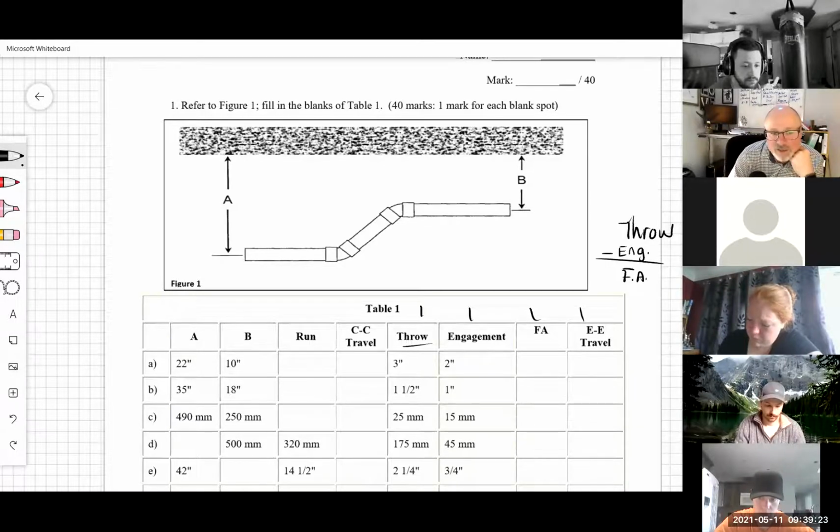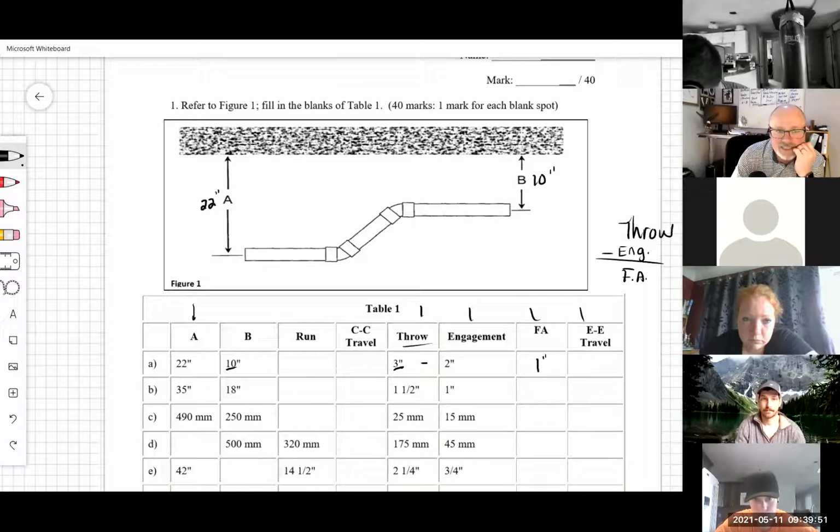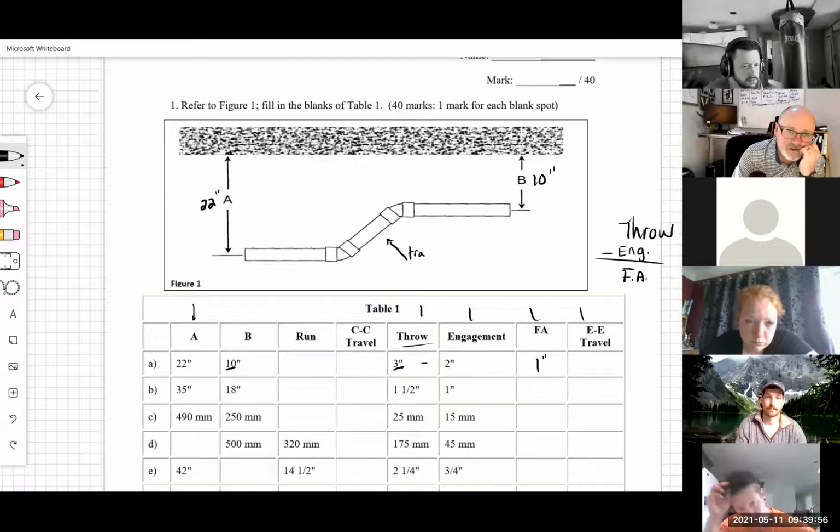So if the throw minus the engagement is the fitting allowance, then the fitting allowance for this is 1 inch. Okay, does everybody see that? Fitting allowance is 1 inch per fitting. Now, A is right here. A is 22 inches on this example. B over here is 10 inches on this example. This right here is the travel.